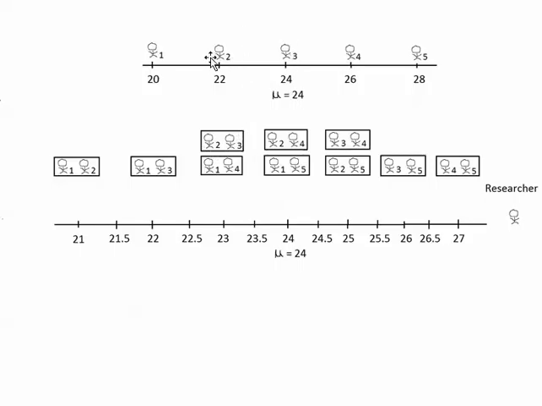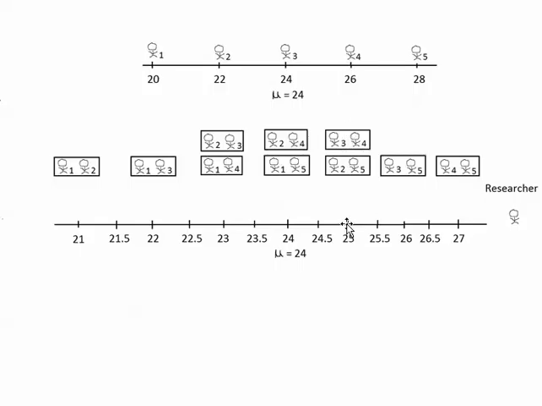They also have a mean of 23 because 22 plus 24 divided by 2 is 23. So here we have one possible sample with a mean of 23, and here we have another possible sample with a mean of 23. These 2 samples both have a mean of 24, and these 2 samples both have a mean of 25.